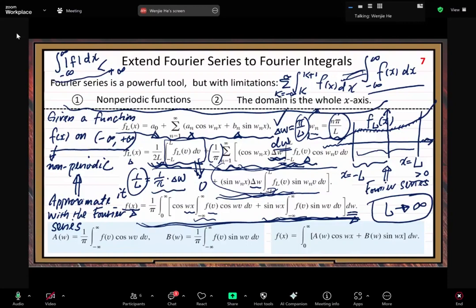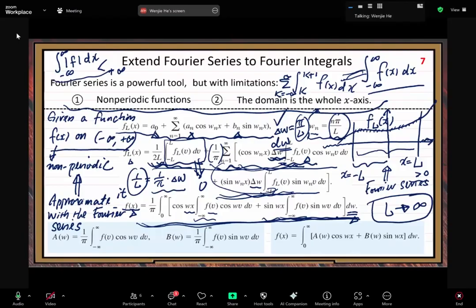This big integral looks so complicated. If we look at the structure of this integral representation, there are two terms: a cosine term and a sine term. But the cosine term is a nested integral.